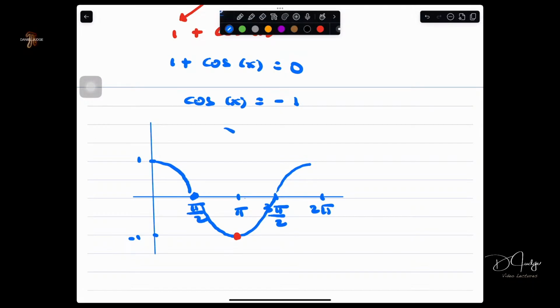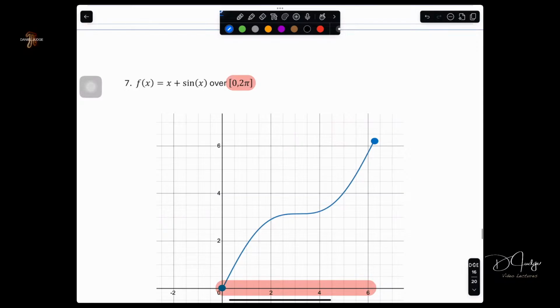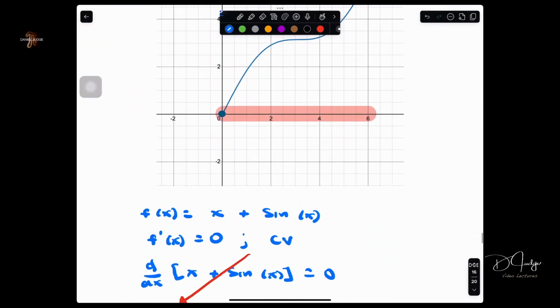That happens when x is pi here. Okay. We got a critical value, x is pi. So a critical value at pi, and it's in the interval from 0 to 2 pi. So we do have a critical value at pi.